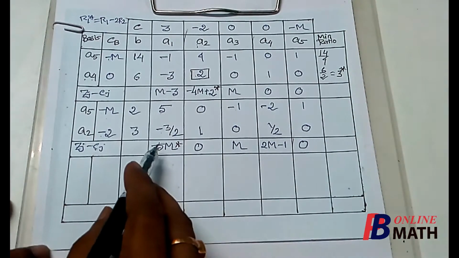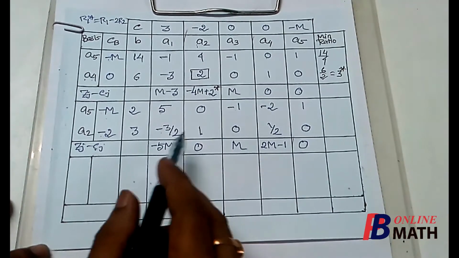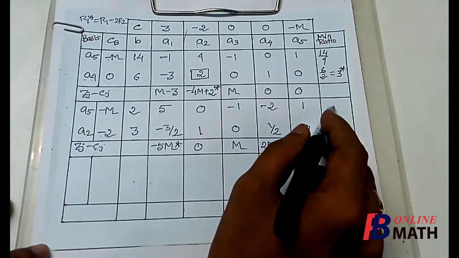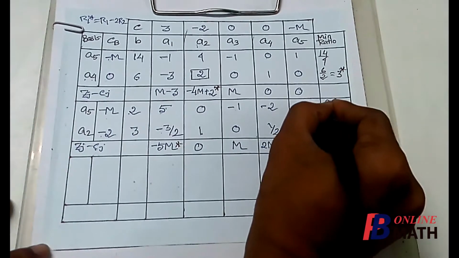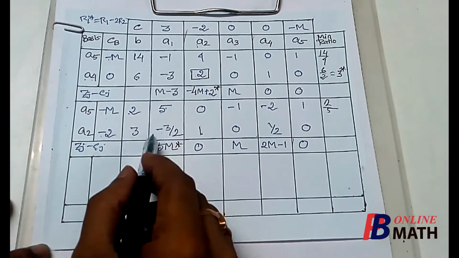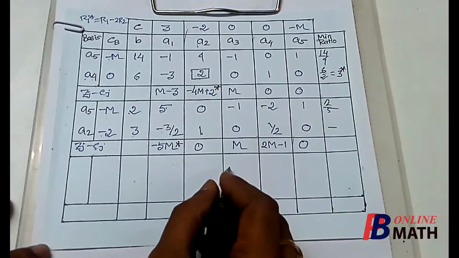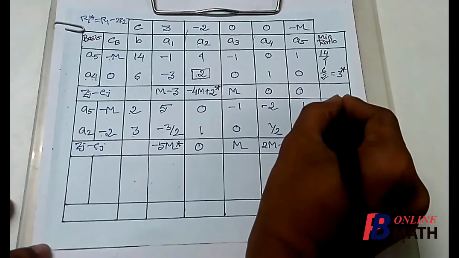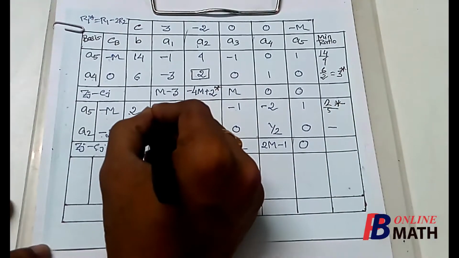Next we have to identify which vector will leave the basis. For that we compute the min ratio. So we compute the ratios. The first ratio will be 2 by 5, and the second ratio will be negative because it is 3 by a negative quantity. So we shall not compute the second ratio because it is negative. So this is the only ratio, so it is obviously the min ratio. So this 5 is the key element.